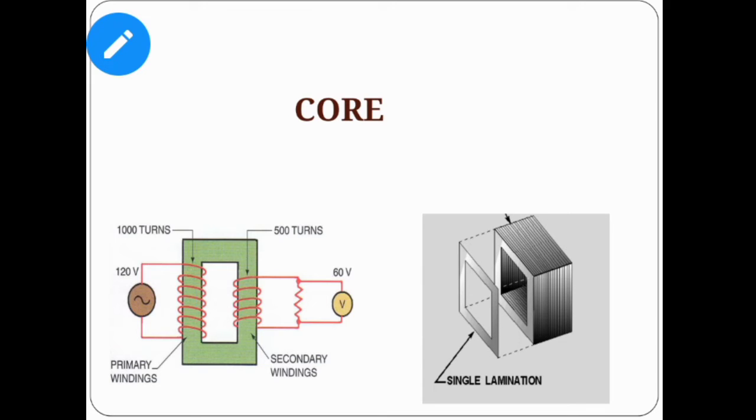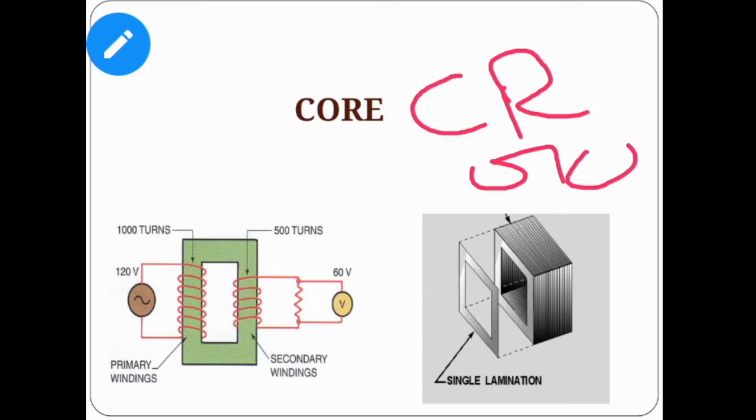It has a value of 1.6, and 4 to 5% silica is added for decreasing the eddy current losses. So in general we use CRGO steel here. What is the meaning of CRGO?